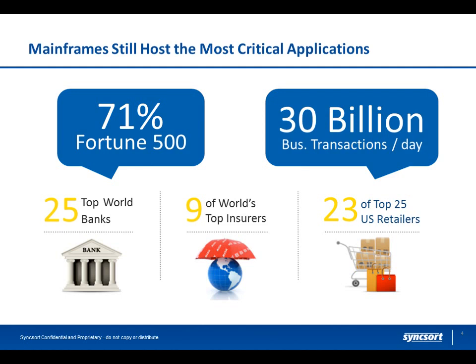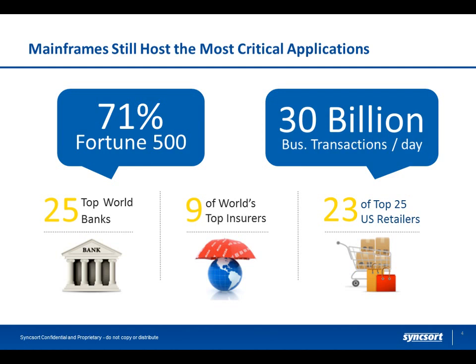In some cases up to 30 billion transactions worldwide daily are getting driven through IBM mainframes, because those applications are so dependent on major components of z/OS, things like CICS for transaction processing and DB2 for database transactions.